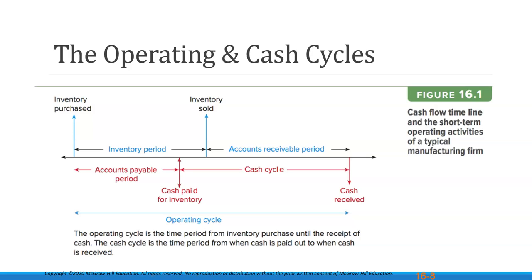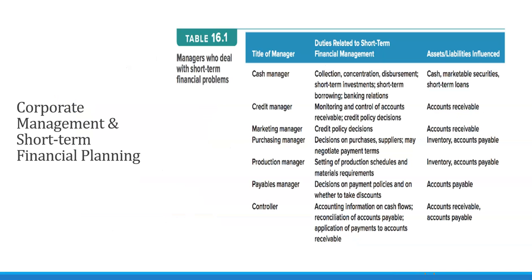Who's responsible within a company for taking care of this information? Well, a variety of managers deal with these short-term financial planning things within an organization. We have an accounts receivable manager, credit manager, cash manager, the marketing manager, purchasing, production, payables, the controller.